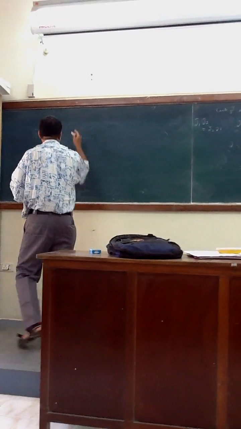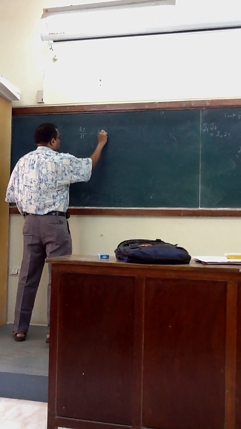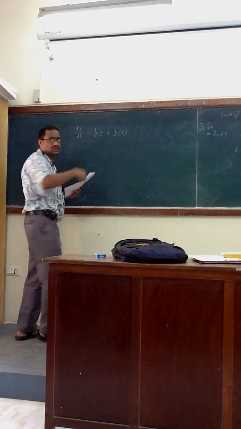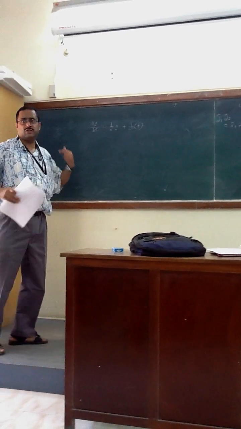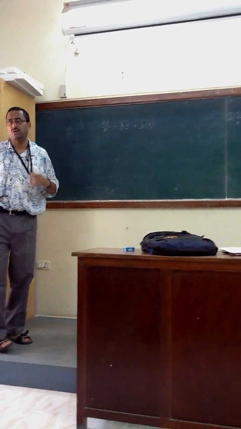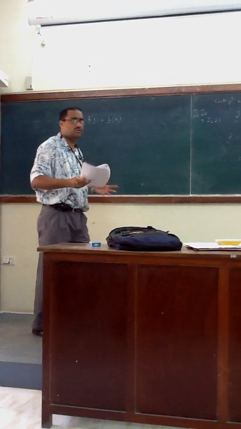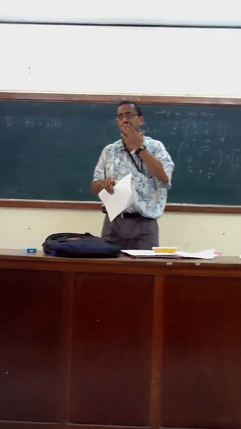So we have dx/dt equals Ax plus b, the non-homogeneous term. And I want to solve this by the similarity transformation. Now you know the technique. What will be my next step?